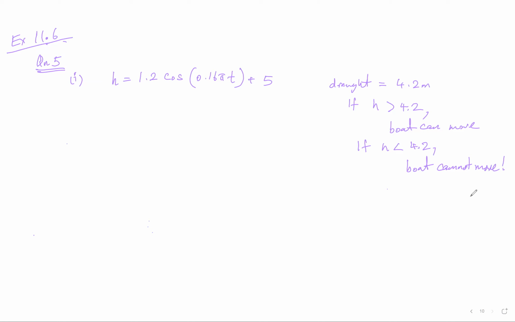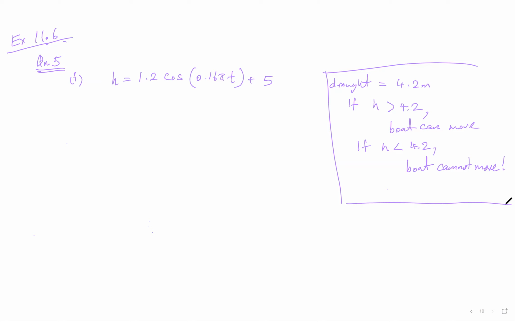Okay, so let's not waste time. I've given the explanation here. So if your height is greater than 4.2, then the boat can move because there's more water. So it won't hinder the movement of the boat. But if the water is less than 4.2, then the boat will not be able to float out.